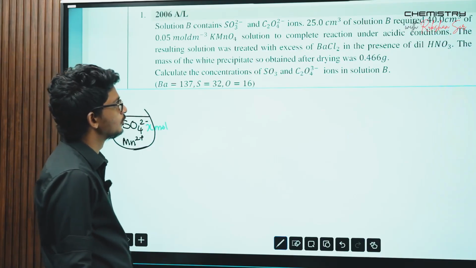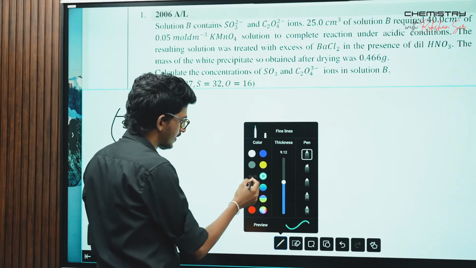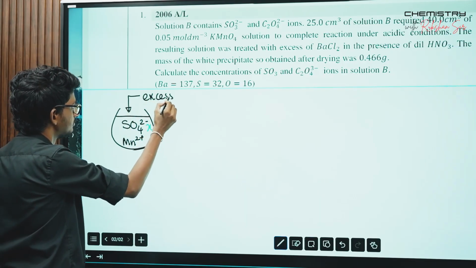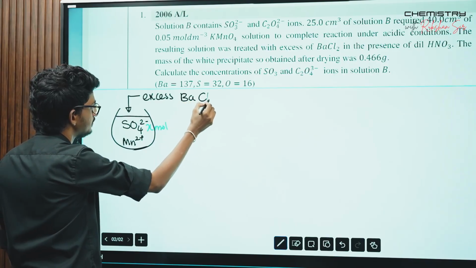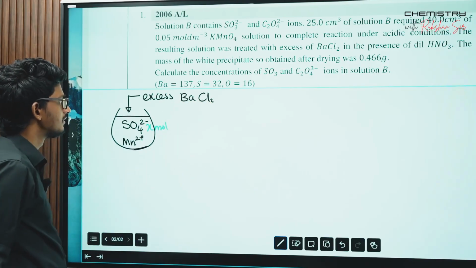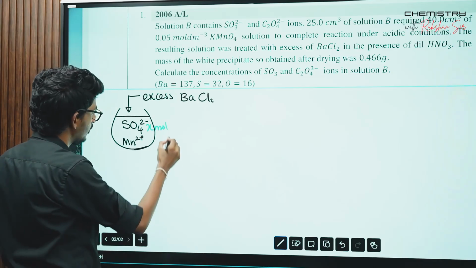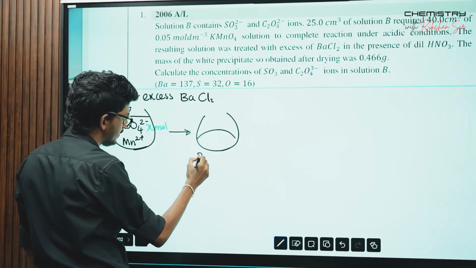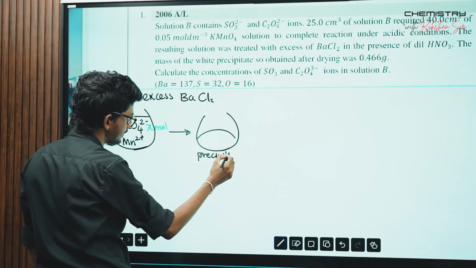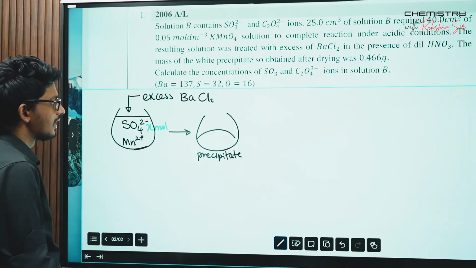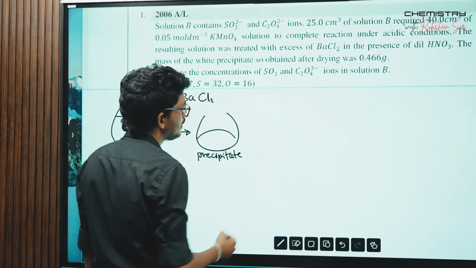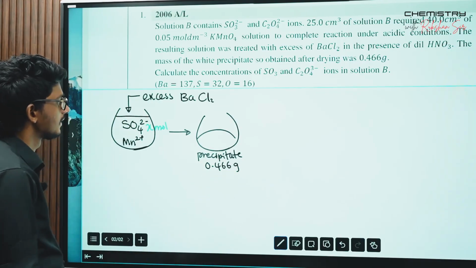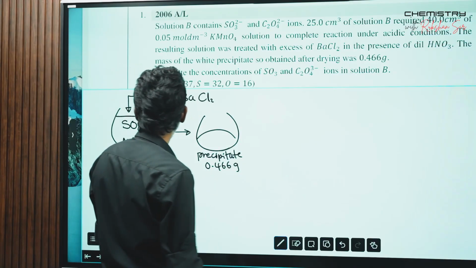To this you have added some excess of BaCl2, that is Ba2 plus ions and Cl minus ions. And they had observed some precipitate, and its mass is 0.466 grams.